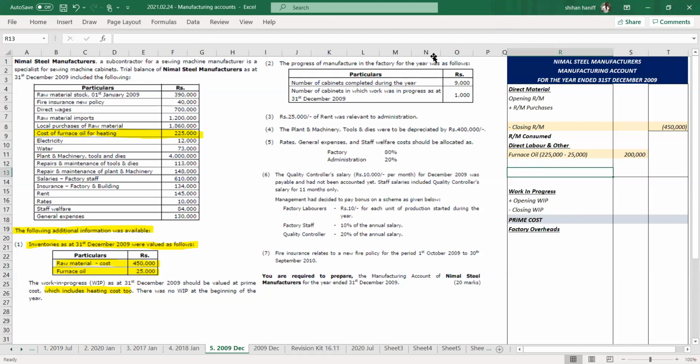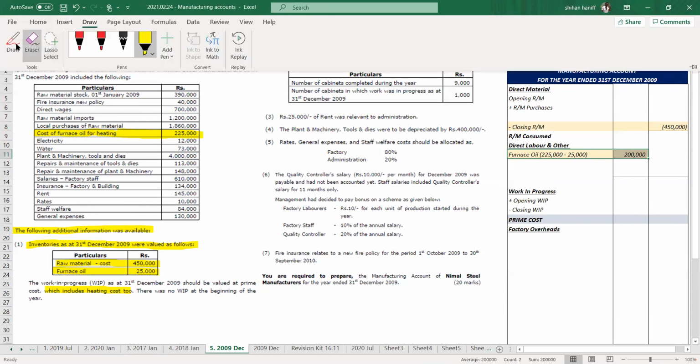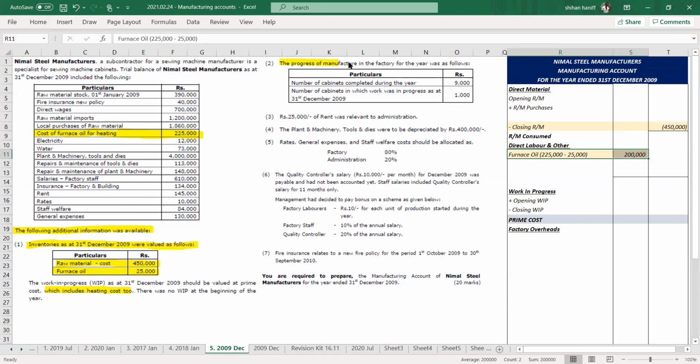Let me know if you all have any questions. Okay? Closing raw material and closing work in progress. Number 2, the progress of manufacture in the factory for the year was as follows.